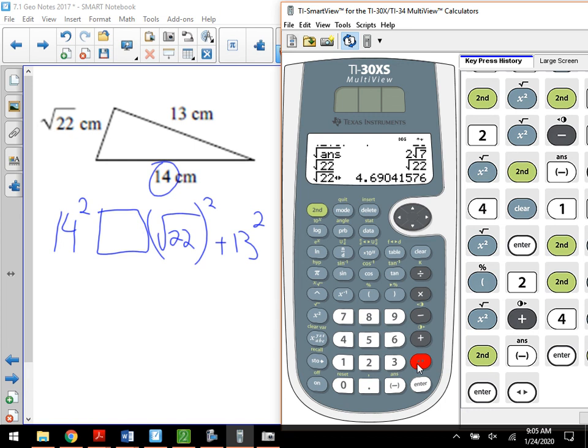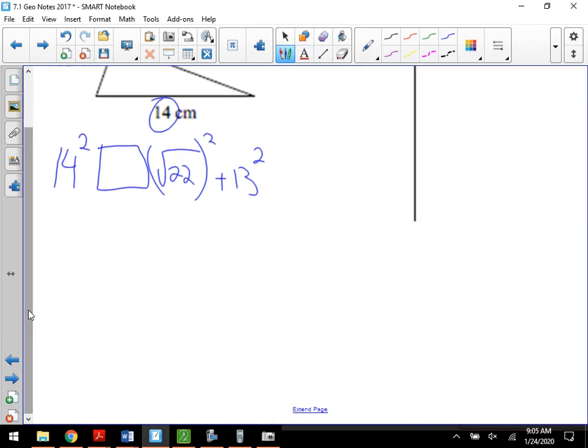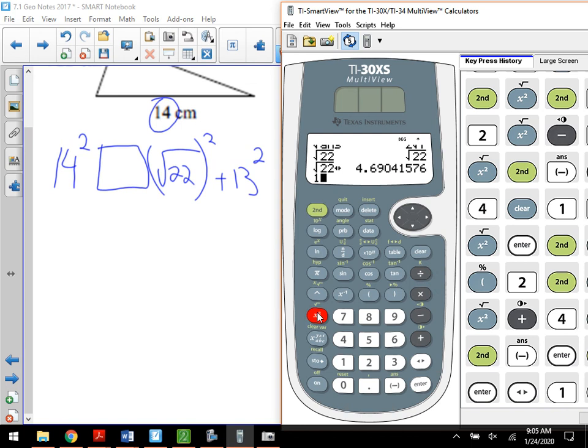So for the 22 side, it's just the square root, some crummy decimal. Yeah, and that's what they do. They throw stuff at you. So when I go to check this in my calculator, we're still pressing the same kind of buttons. We just do 14 squared, hit enter.